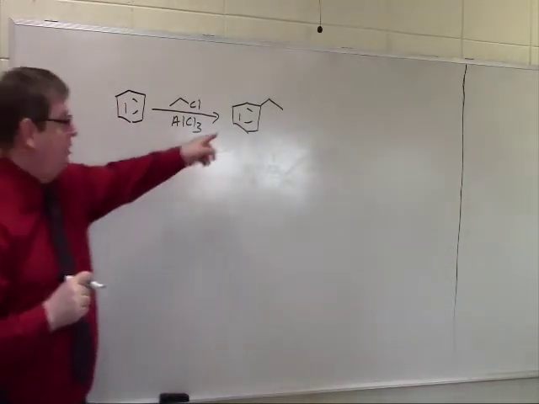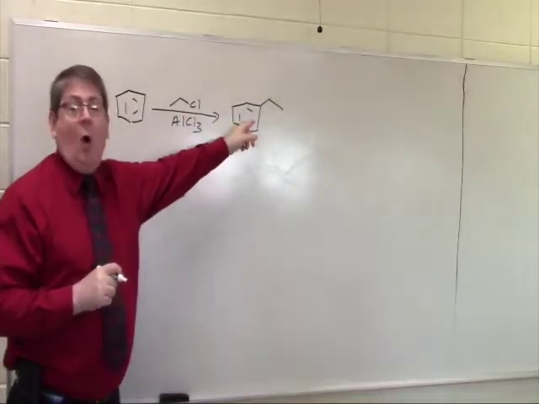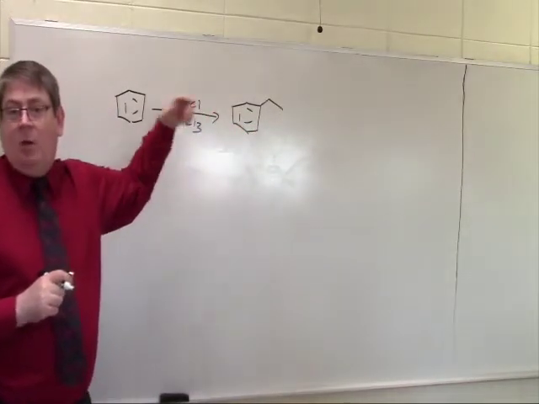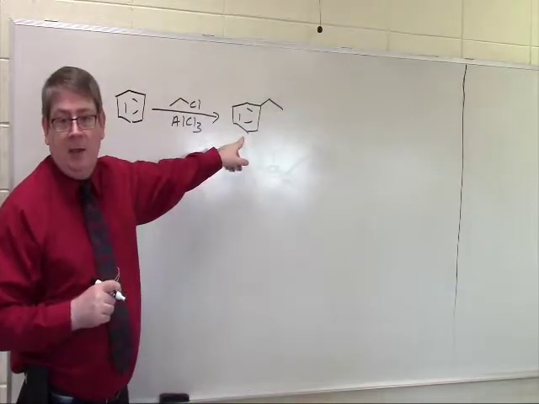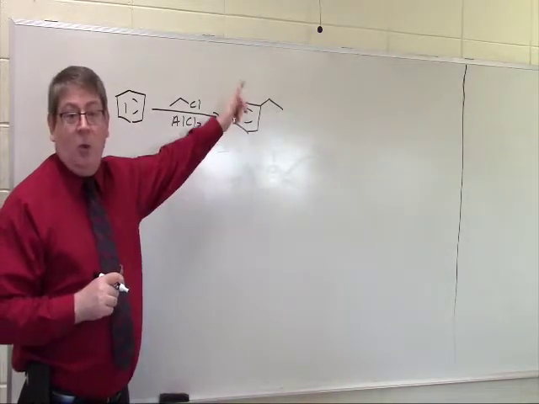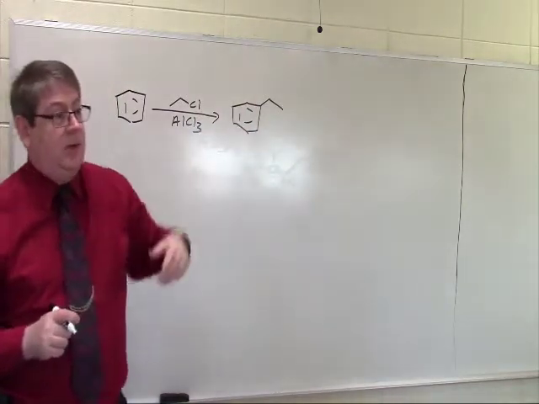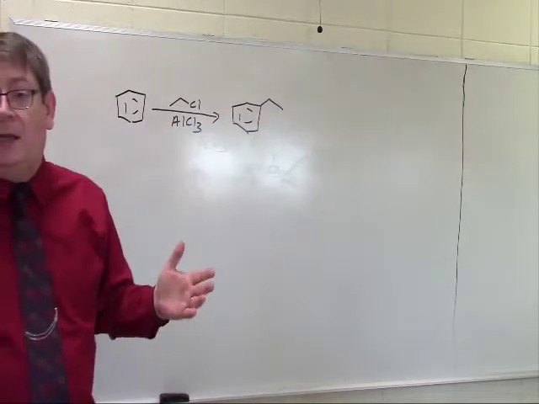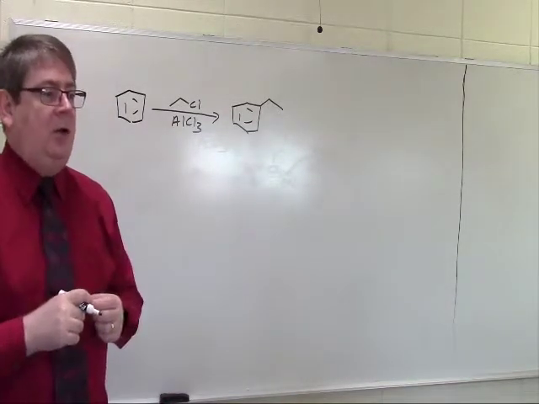So what happens once I generate this? It reacts with more of this and over-alkylates. So in reality, Megan, what she's going to find is this is going to be the minor product. She's actually going to get 2 ethyl groups on there, 3 ethyl groups, 4 ethyl groups, 5 ethyl groups. She's going to have a whole mixture of products because the products are more reactive than the starting materials.